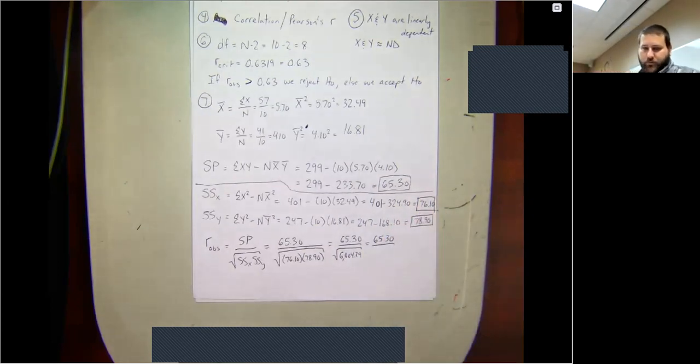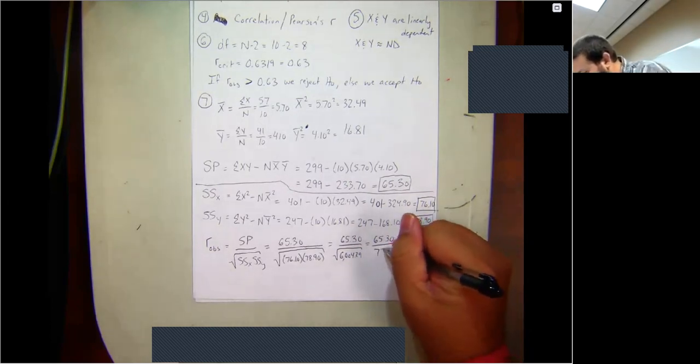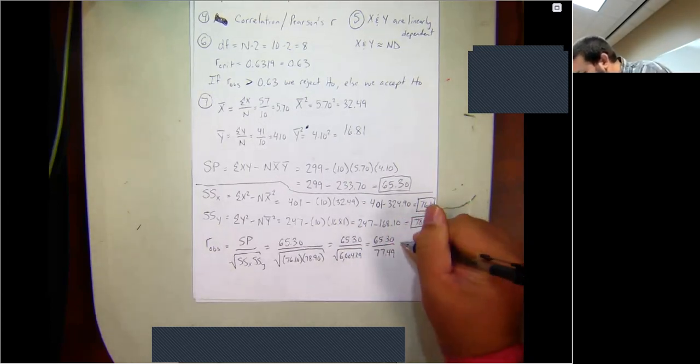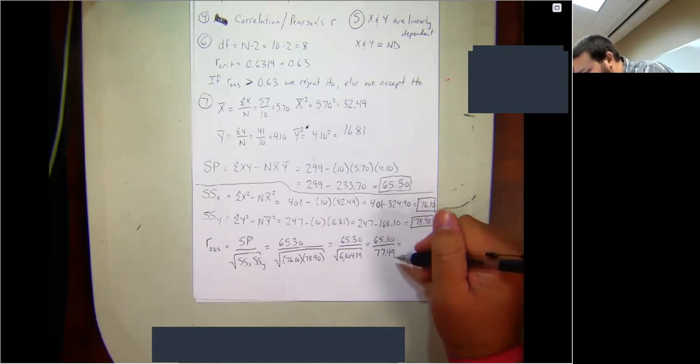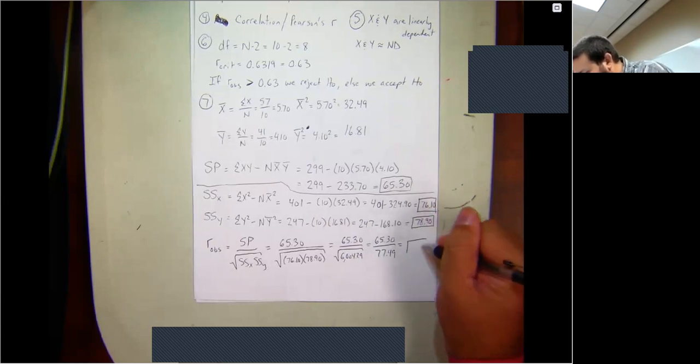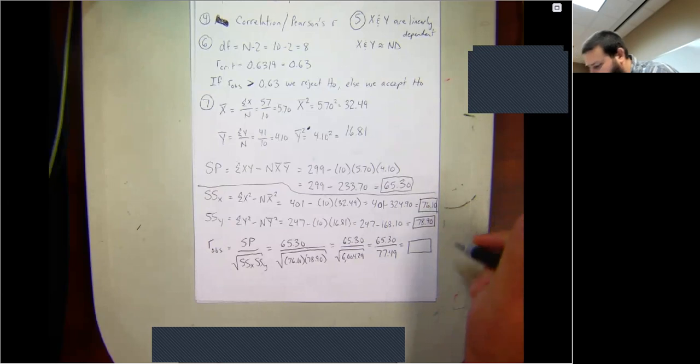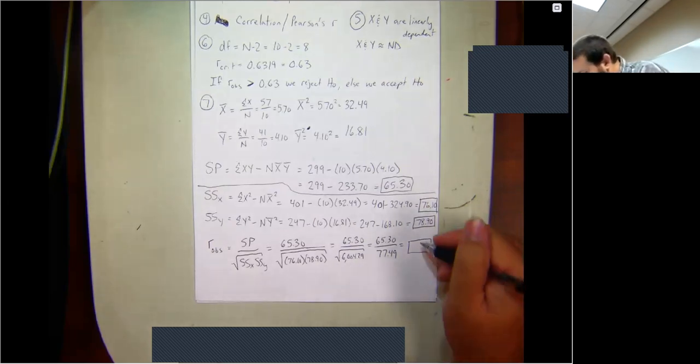The square root of 6,004.29 is 77.49. And 65.3 divided by 77.49 gives us our correlation, R observed, which is 0.84.